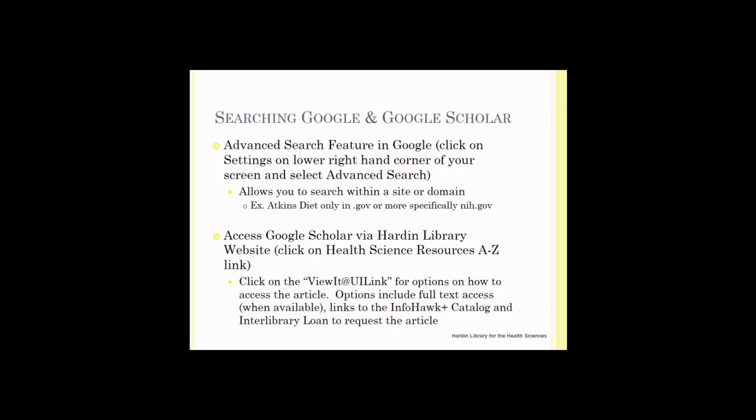It'll say view it at UI link, and if you click on that, it'll give you options on how to access the article. Like with the UI link, your options include full text access when it's available, links to the InfoHawk Plus catalog, and interlibrary loan to request the article. So if you want to search Google Scholar, go through the Hardin Library website, and you'll have access to the UI links to let you know how you can find that article.